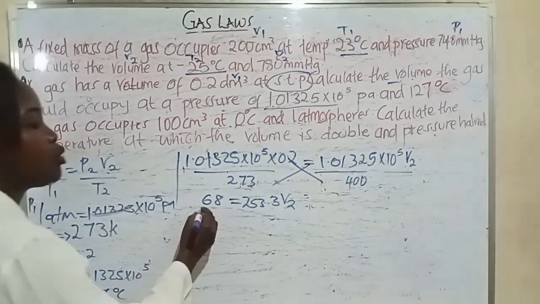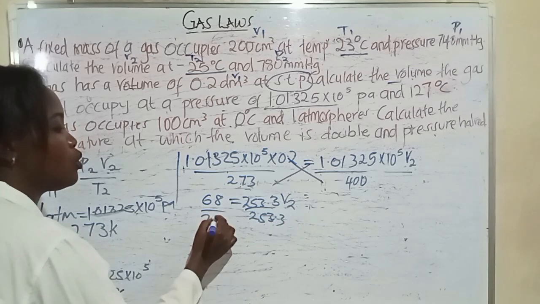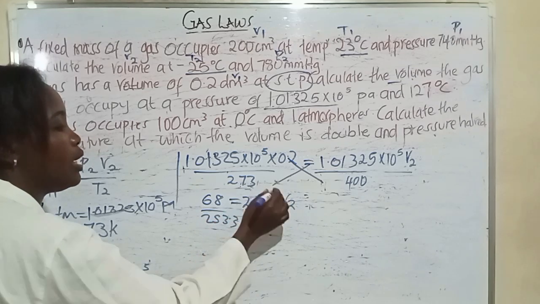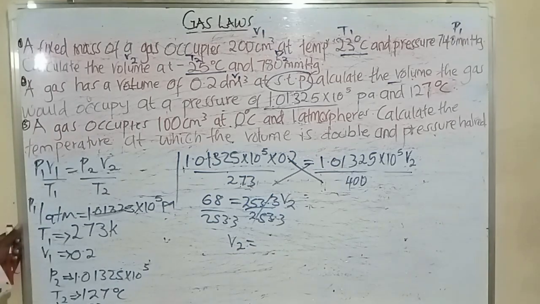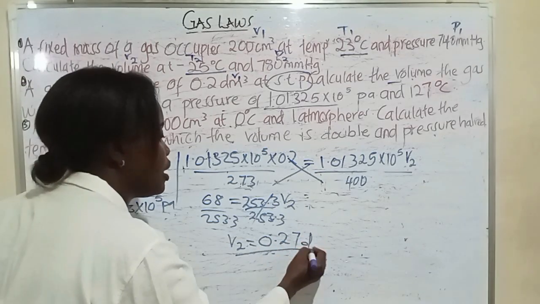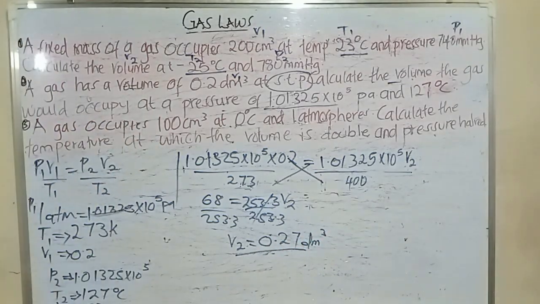To make V2 the subject of the formula, you divide by 253.3, and your volume 2 is going to be 0.27. Then let us put the units. So that is how you were supposed to work the second question.